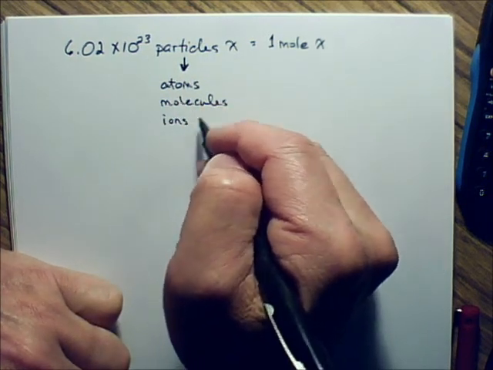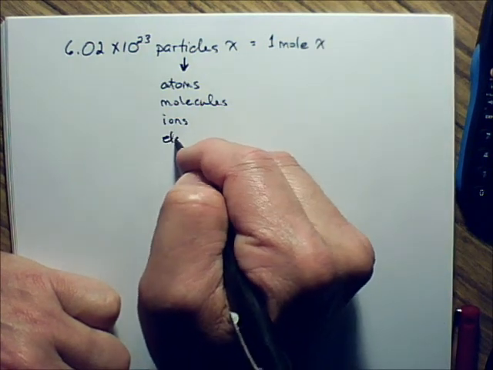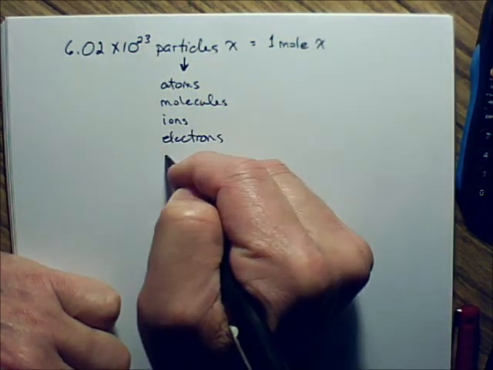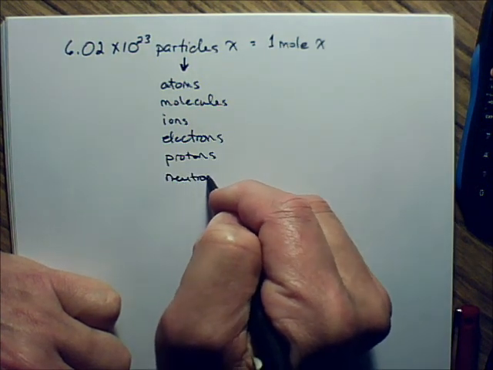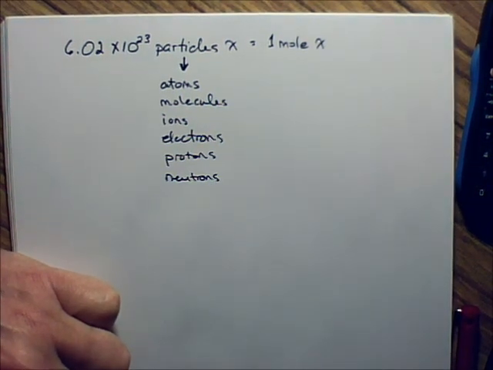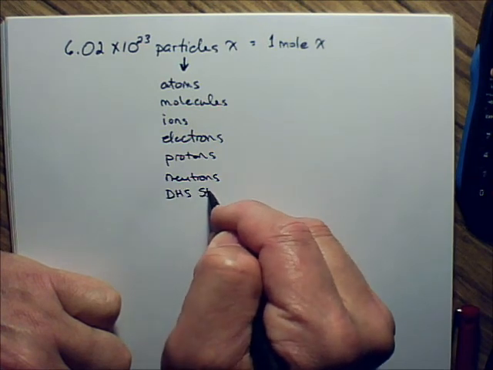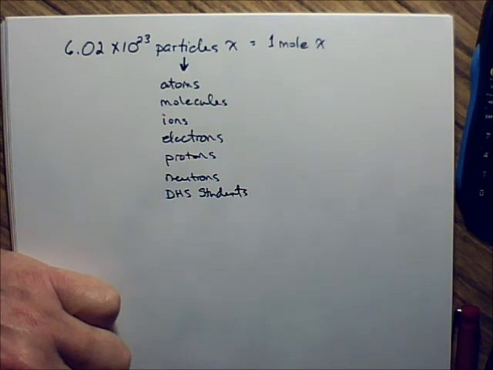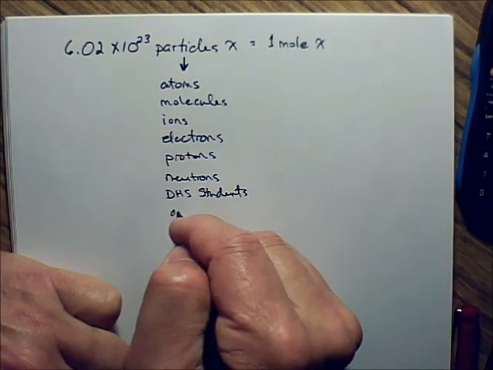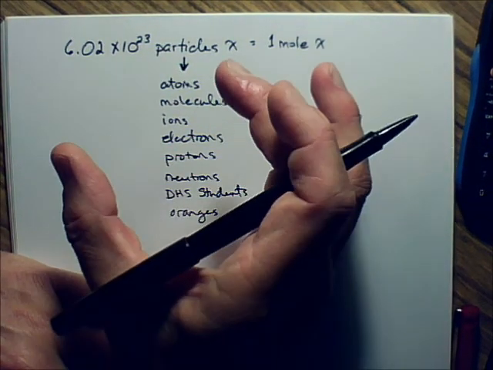Ions, so it can be polyatomic or monoatomic, any kind of ion. It can be electrons or protons, neutrons. It could be Dorn High School students. Any kind of particles. It could be oranges. Any kind of things that is a discrete, separate kind of thing.